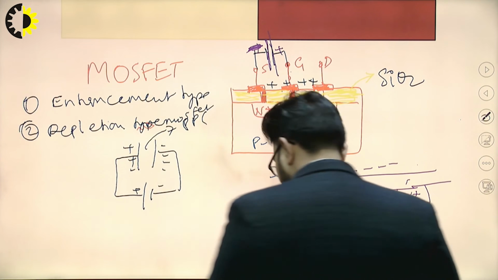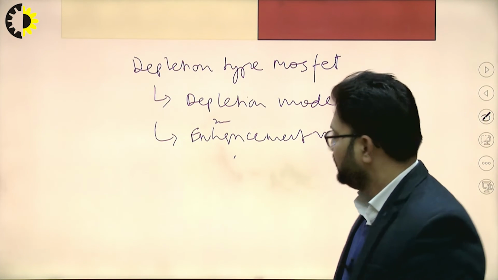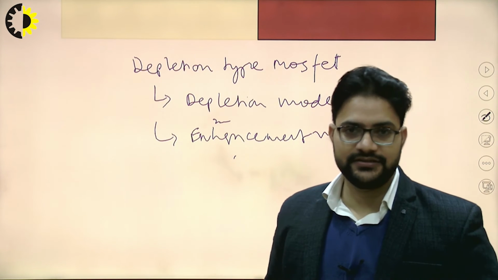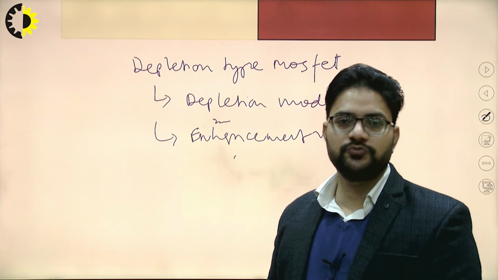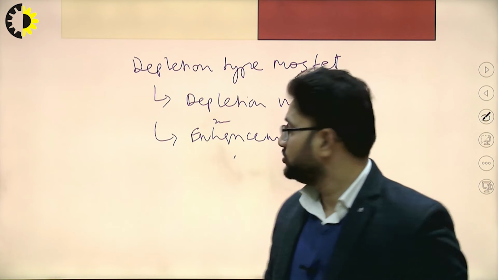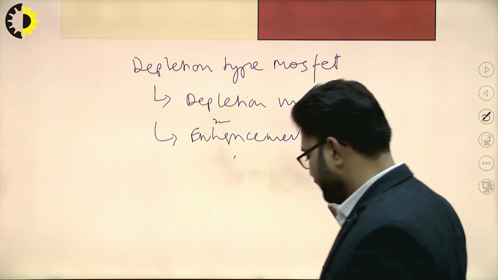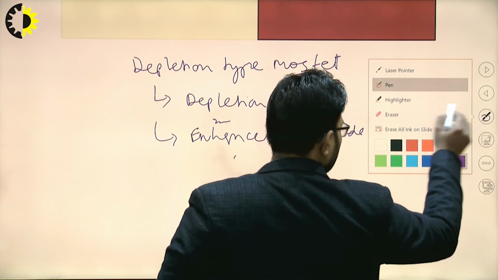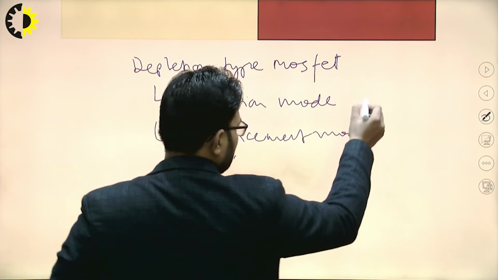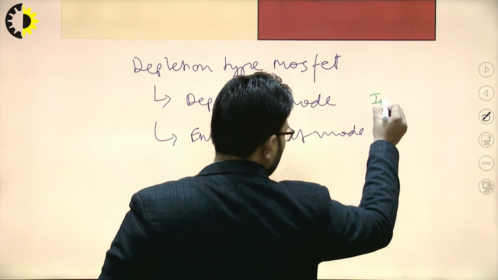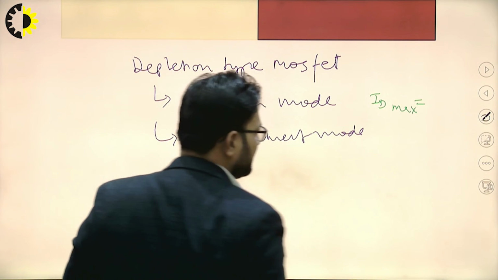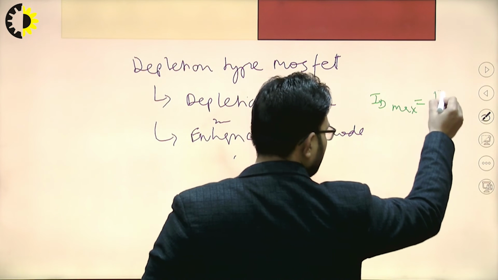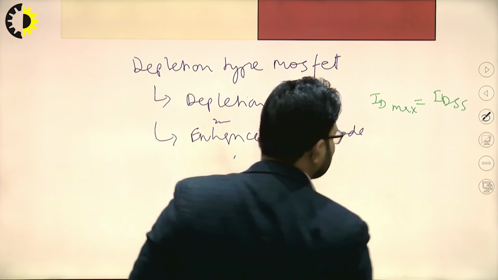Next is, maximum drain current will flow whenever gate to source voltage is 0. So what we can say, in the depletion mode, ID max will be equal to IDSS.